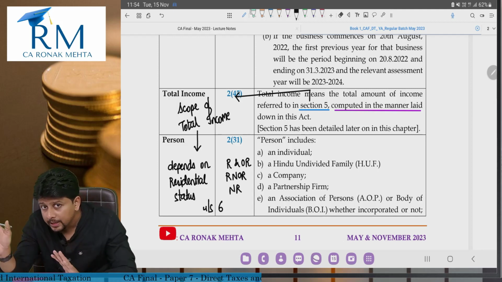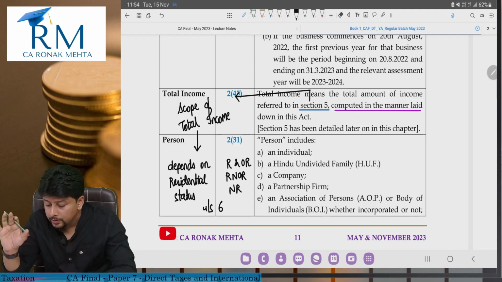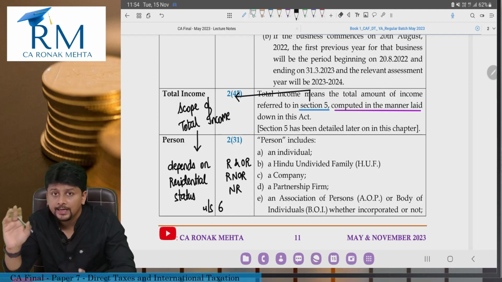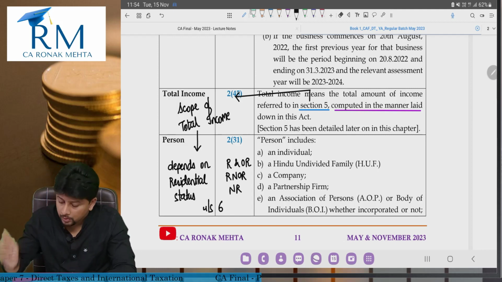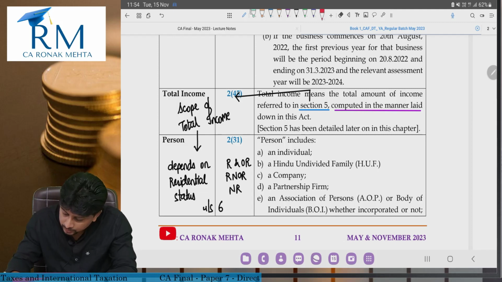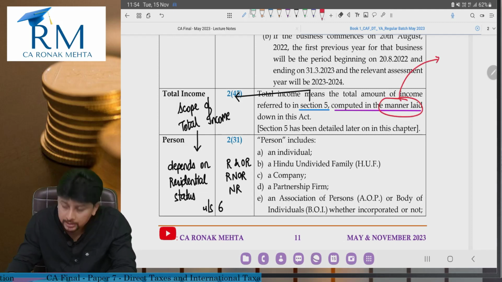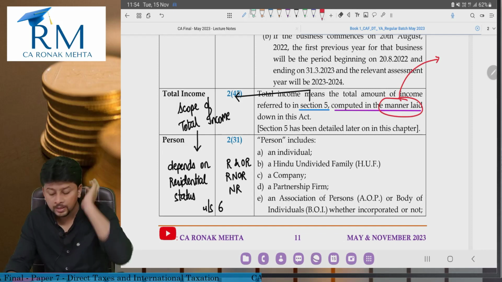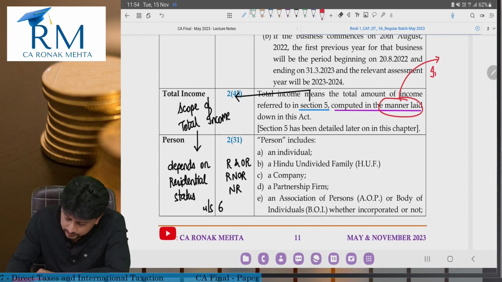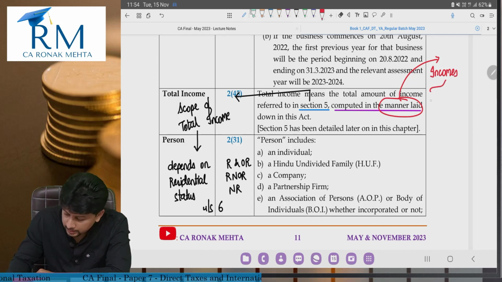The second part of the definition, computed in the manner laid down in the act. Now, what is this? When you earn incomes, there are some incomes which are covered by section 10 of Income Tax Act.